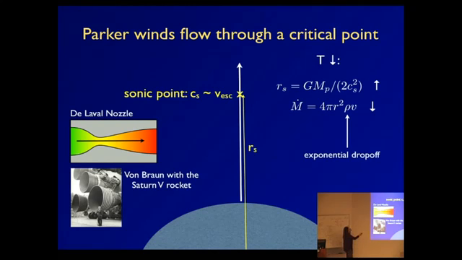And the way this works out is that the sonic point is at a radius that goes as 1 over the sound speed squared. So as your temperature goes down, that radius goes up, so it takes you farther and farther to go supersonic.